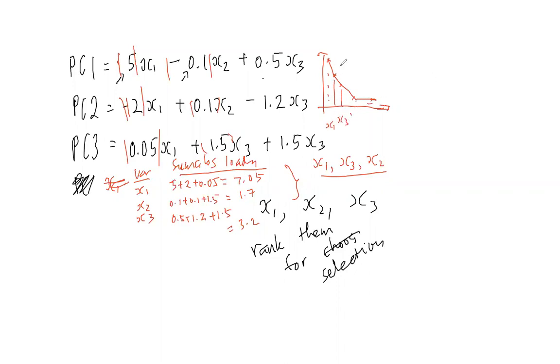This is your sum of absolute loading. You find a point where there's a sharp change. Then you drop all these, and you take these. Okay, you can use principal component like this for feature selection.